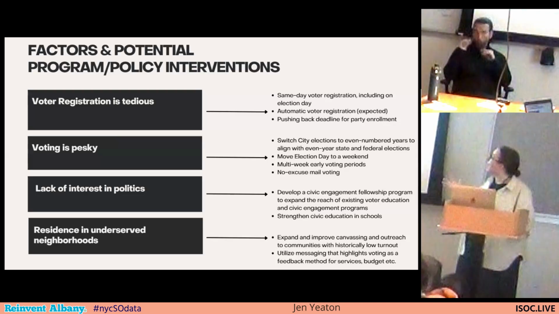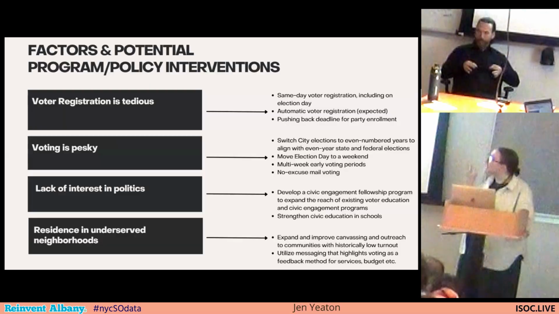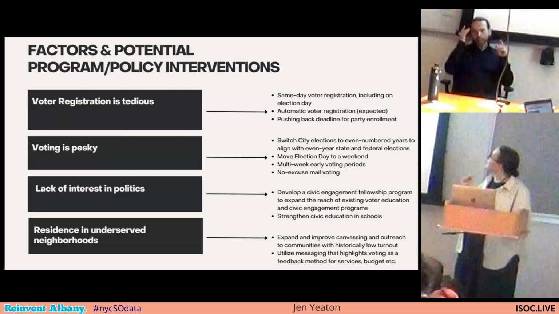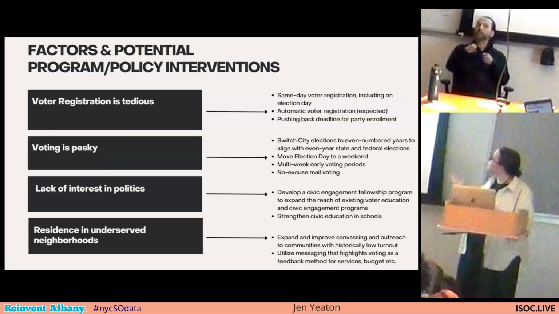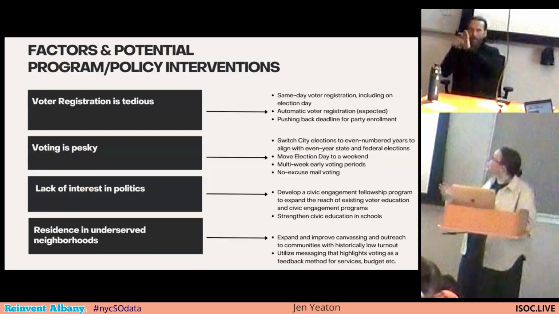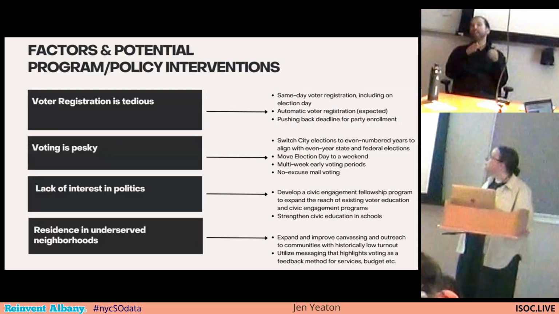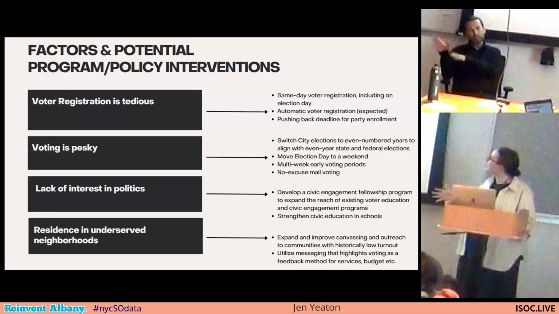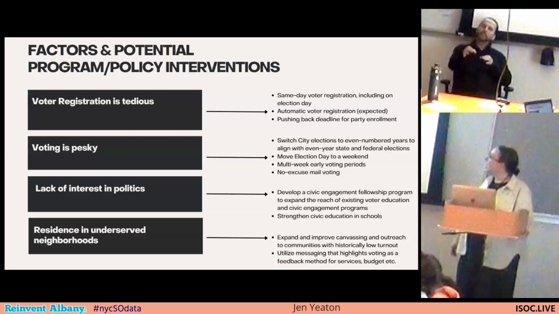Potentially pushing that primary voter registration deadline back. Potentially switching city elections to even-numbered years to align with even-year state or federal elections. Moving election day to a weekend, multi-week early voting periods to extend the period that people can vote, and being able to vote on Sunday without providing an excuse.